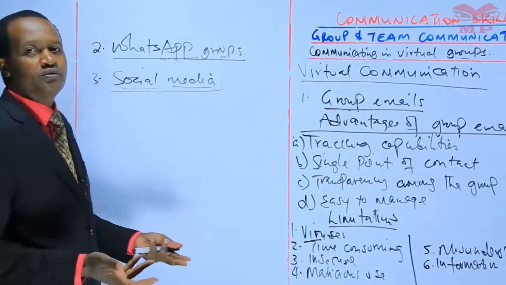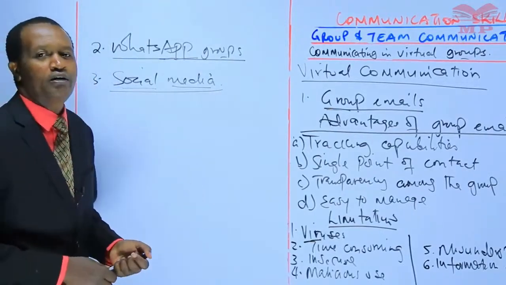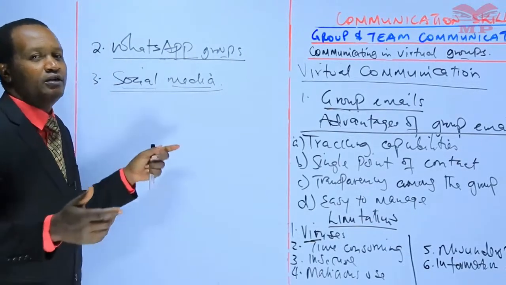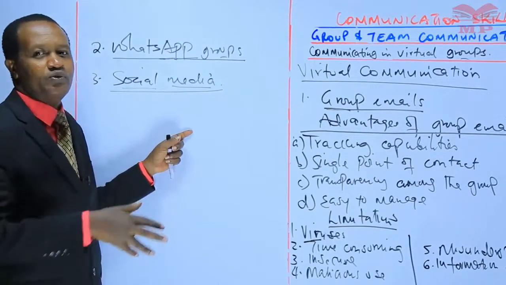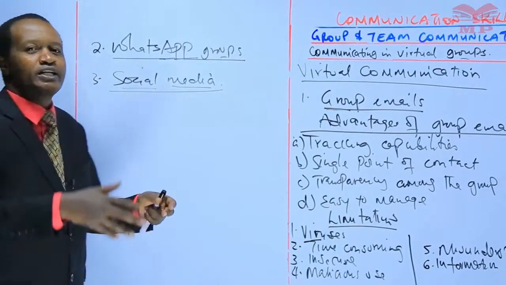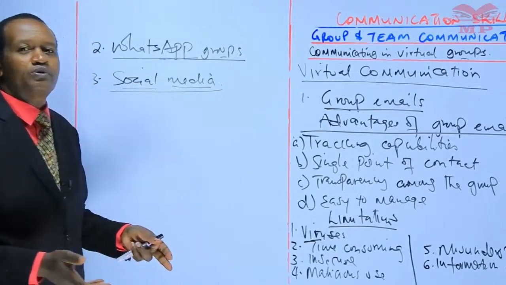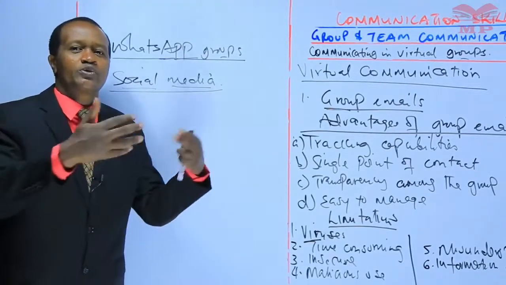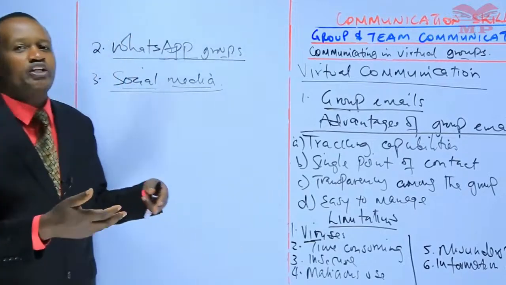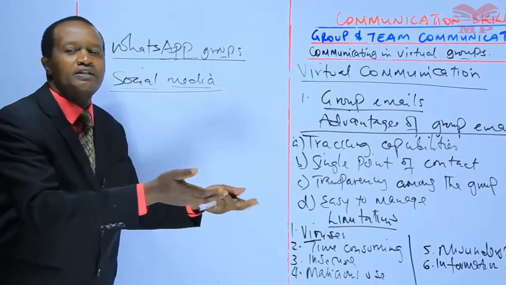Facebook, today as I'm speaking, is the largest social media network with billions of active users. The users create a personal profile on Facebook. They add other users as friends. They exchange messages on Facebook, including status updates.